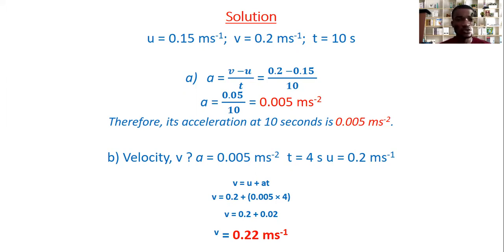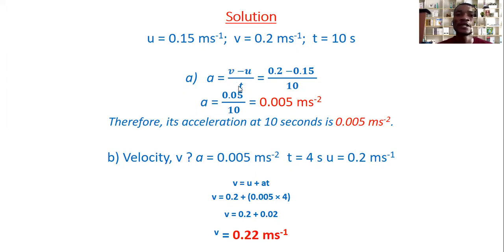Okay. So to calculate the acceleration, as question 1 has suggested, we are going to use this equation. Acceleration is given as v minus u, final velocity minus initial velocity, change in final velocity and that of initial velocity, divided by the time taken for the journey.